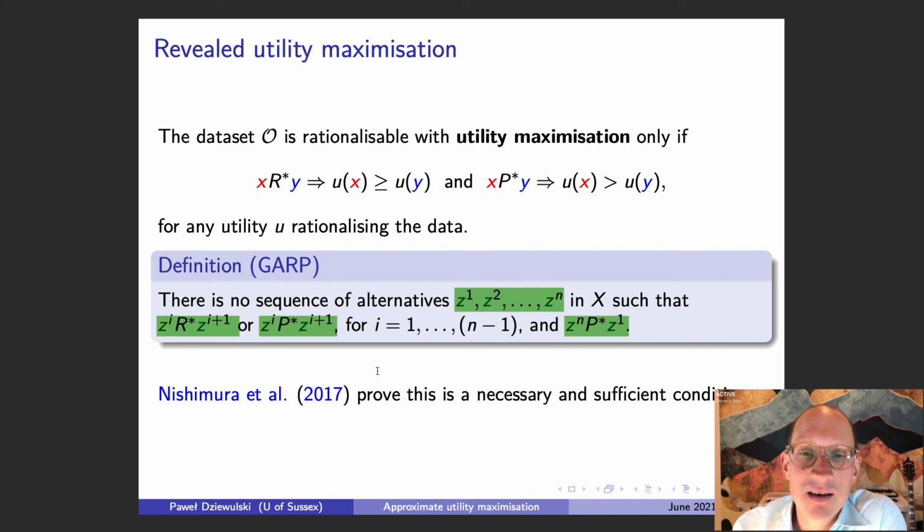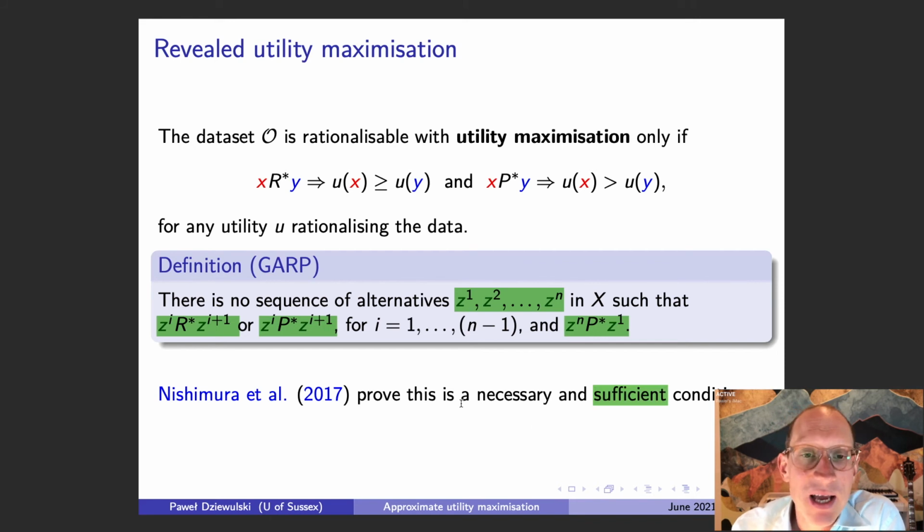Necessity is immediate, following from the previous observation, because if we had a sequence like this, then the utility of Z1 would have to be strictly greater than the utility of Z1, a contradiction. Interestingly, Nishimura and Kwa also show that this is a sufficient condition.